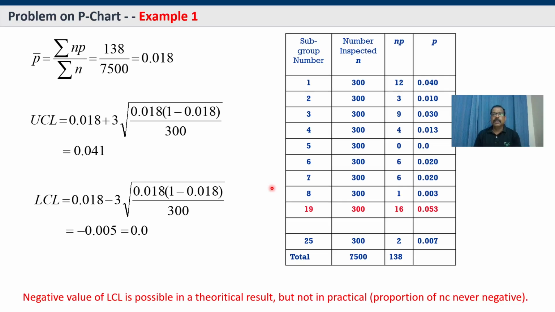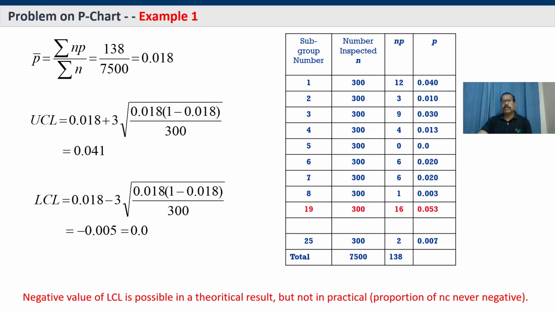As another example, I have taken a table. In this table, subgroup numbers are 1, 2, 3, 4, 5, and so on, with the number of items inspected in each subgroup. You can consider them as day 1, 2, 3, 4, 5, or every hour. The number of items inspected is 300 each, equally, and the NP and P values are given.